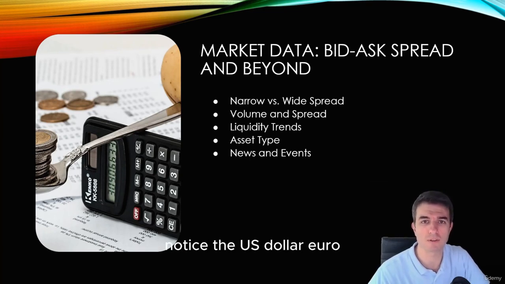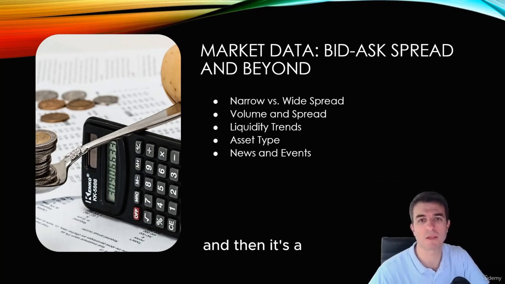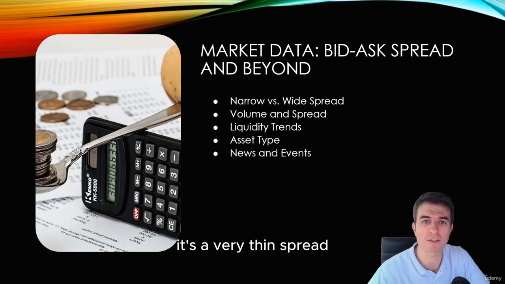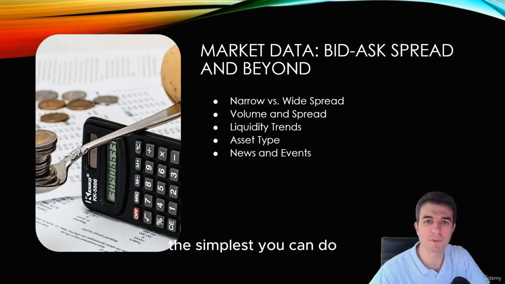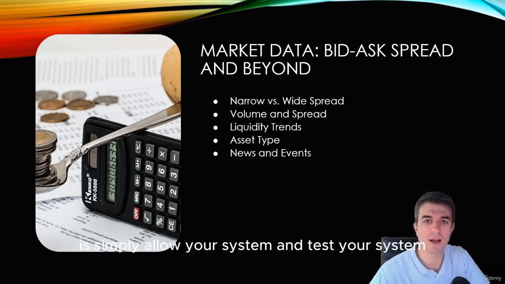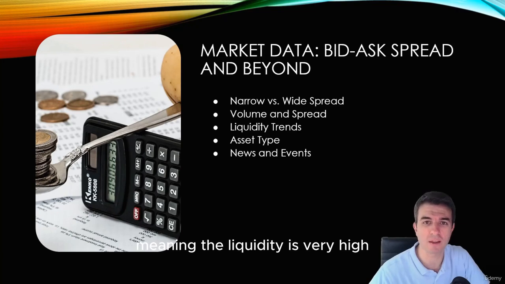Notice the US dollar euro, for example, it's a very wide spread in the evening, and then it's a very thin spread during the day. So if you're building a custom trading strategy, the simplest thing you can do is simply allow your system and test your system during those periods where the spread is very thin, meaning the liquidity is very high.